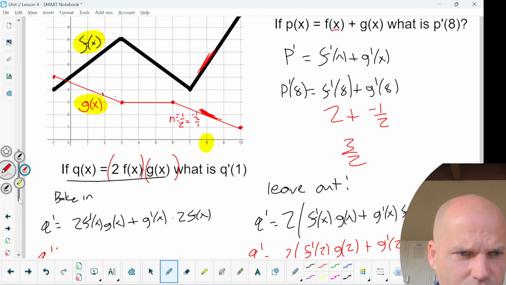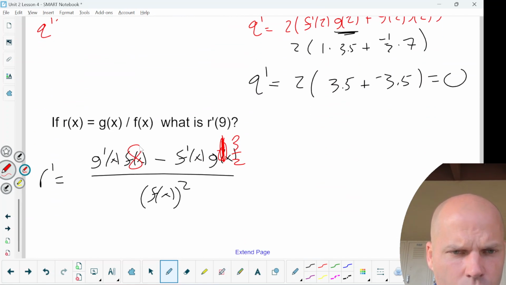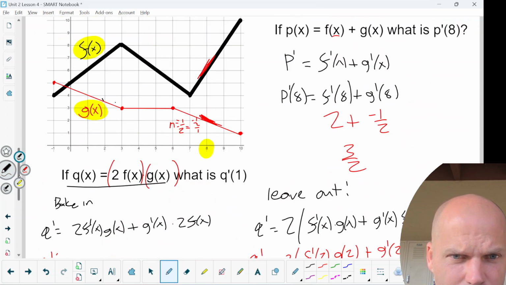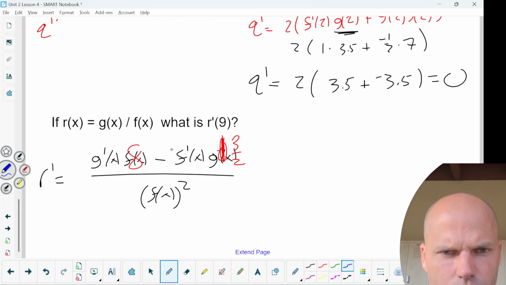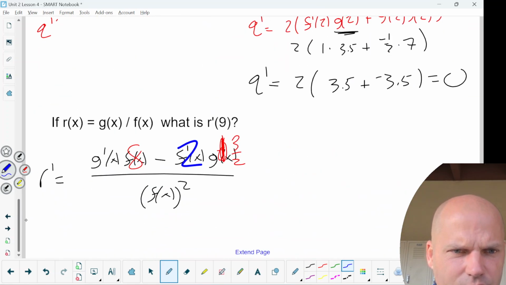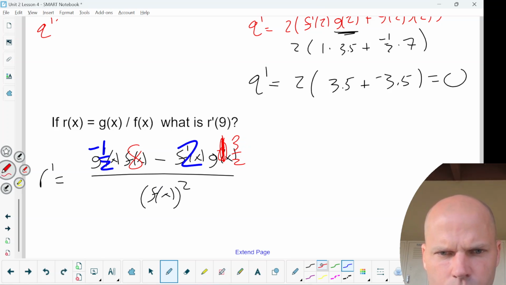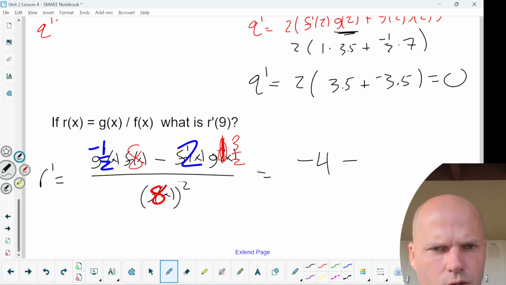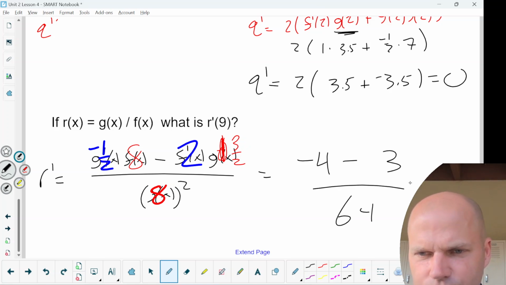F's slope at 9 is 2. G's slope at 9 is -0.5. F's value at 9 is 8. Cool. So we get -4 minus 2 times 3/2 is 3 over 64.